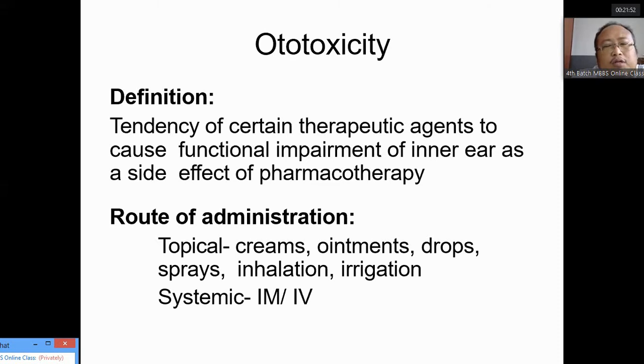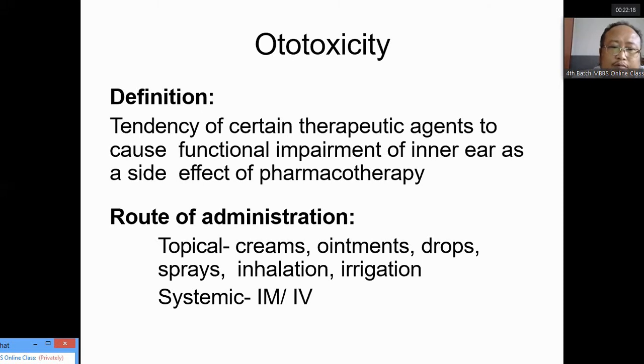You use medications for treating some kind of diseases or lesions, but due to the side effect, the effect would be in the inner ear. So that will cause ototoxicity leading to some kind of hearing loss.